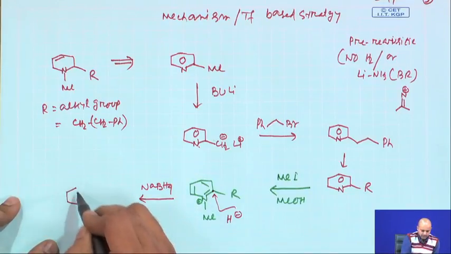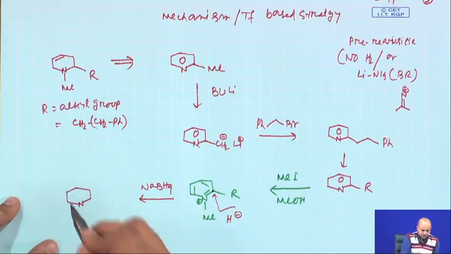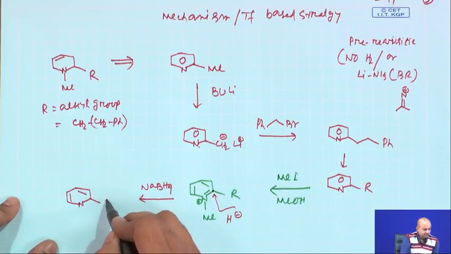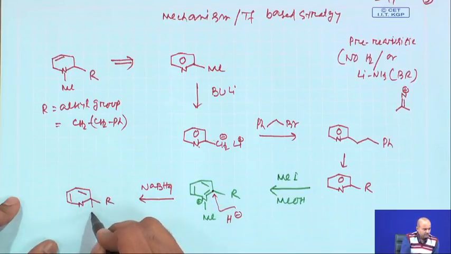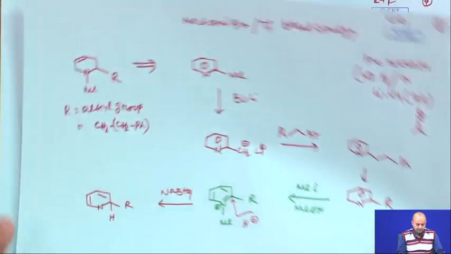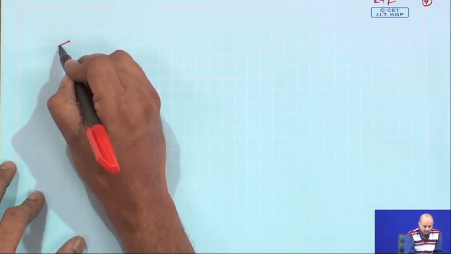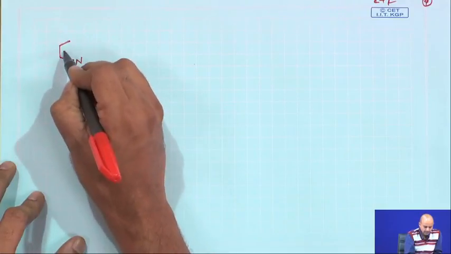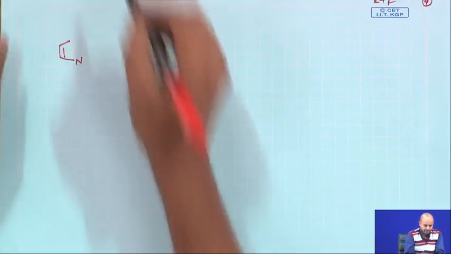Initially this nitrogen will now take this hydrogen. This is typically done. So, the initial reduction is done through an iminium species.